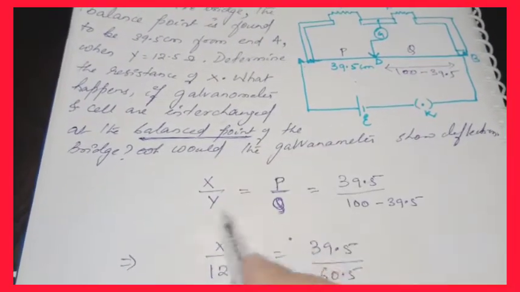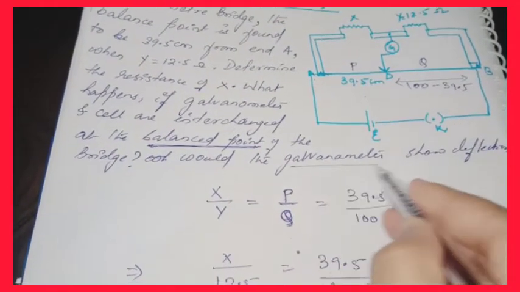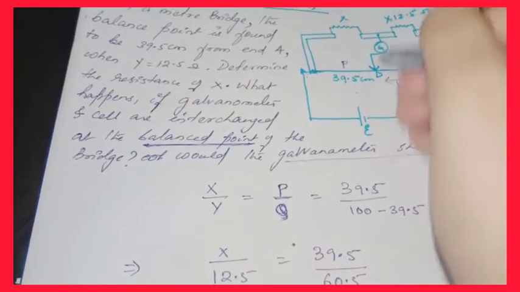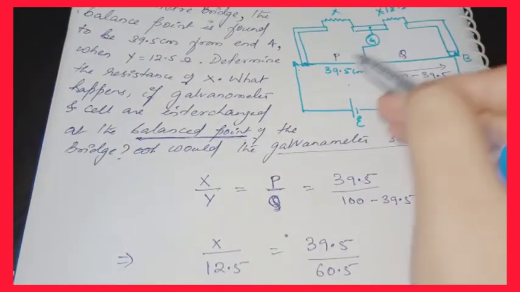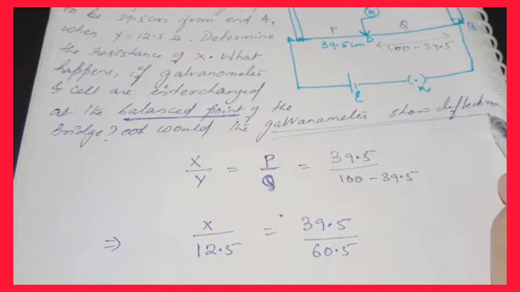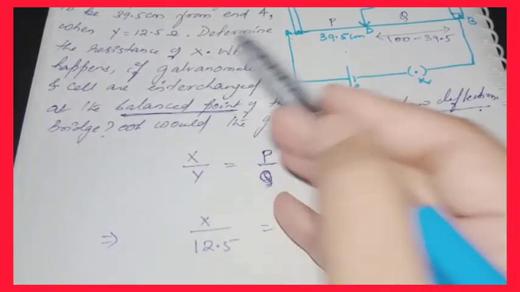That means the ratio will always remain the same for the resistances. That is, the galvanometer will show no deflection even when the cell and galvanometer are interchanged, because the resistances of the meter bridge are already balanced.